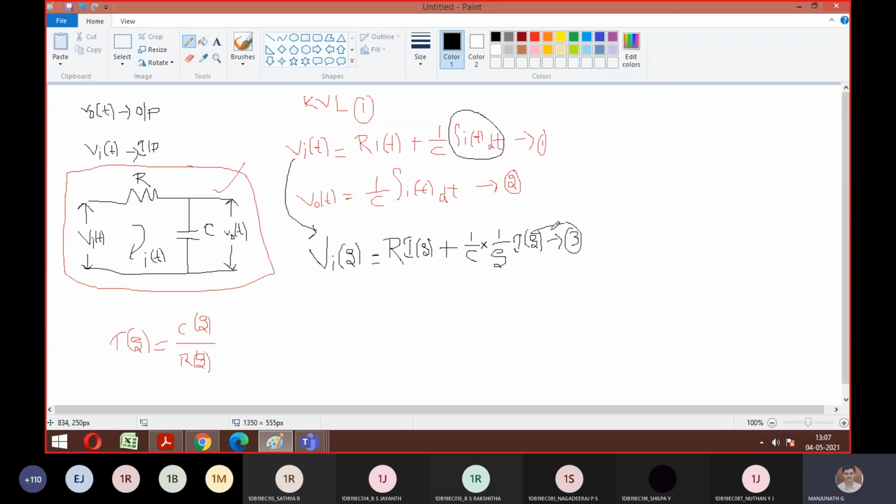Any doubts, anyone, on how we got this? We are just applying Laplace to the mesh equation 1 we wrote. That's it. Similarly, can you write for the second one also? Capital V naught of S. After applying Laplace to equation number 2, we get what I am writing here. In the same fashion, 1 by C into 1 by S into I of S. Okay guys, is it fine till here?